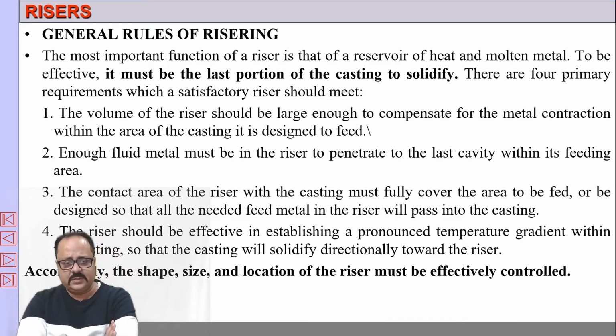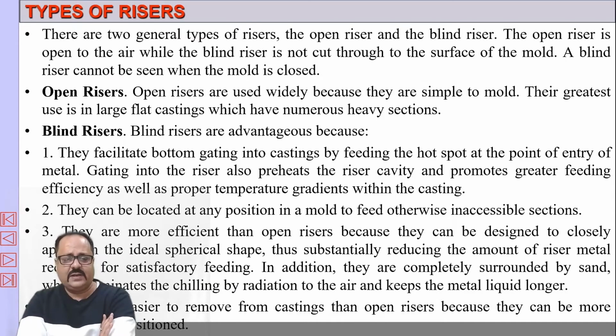That is, the riser should be effective in establishing a pronounced temperature gradient within the casting, so that the casting will solidify directionally towards the riser. That means the metal in the riser will solidify at the end, and this is achieved by the shape of the riser, the size of the riser, and the location of the riser. The shape, size and location are very important in riser design.